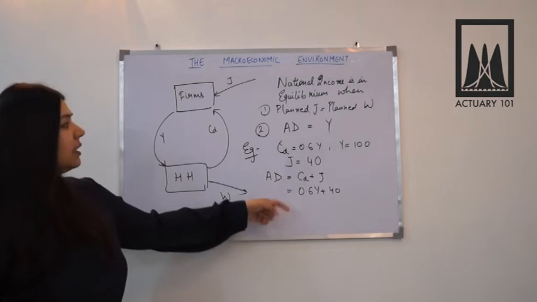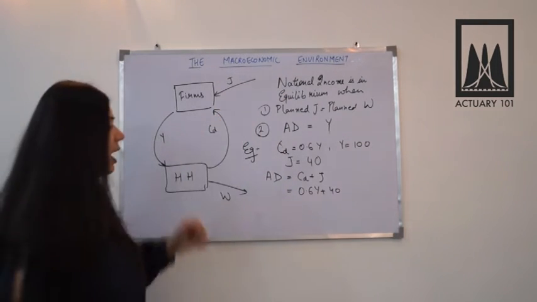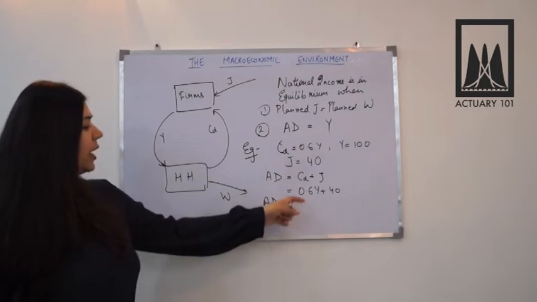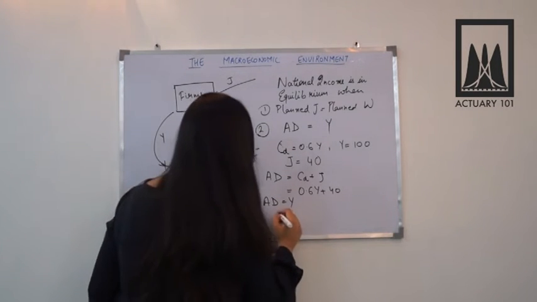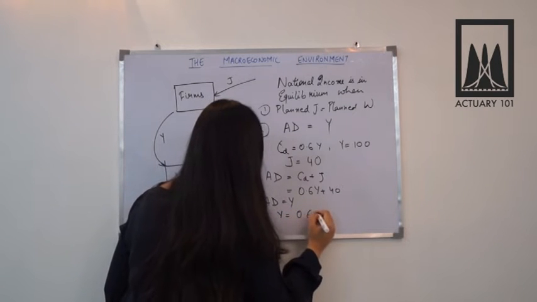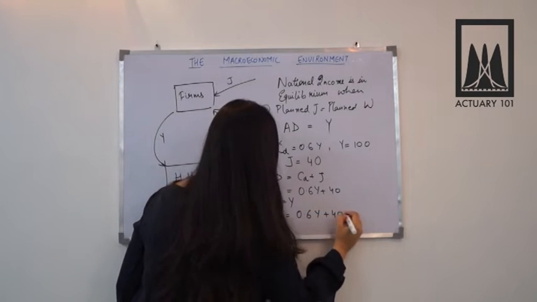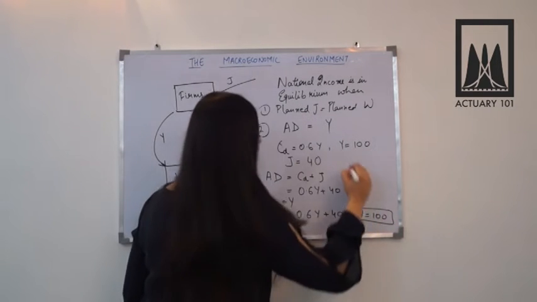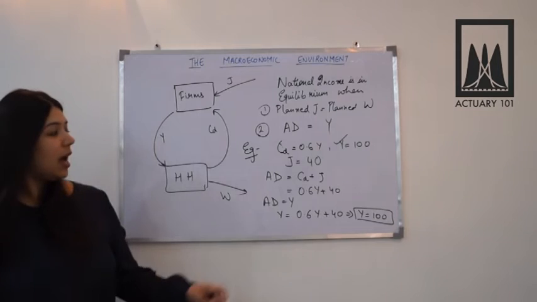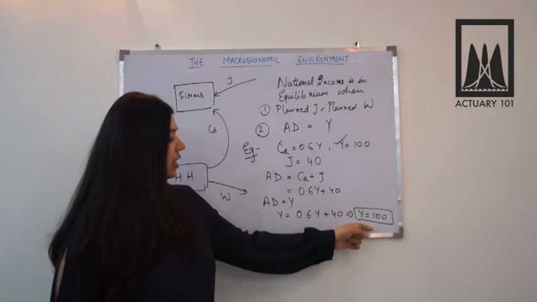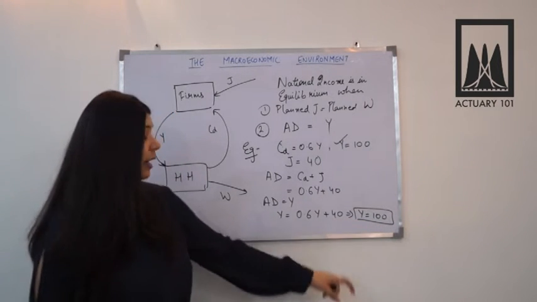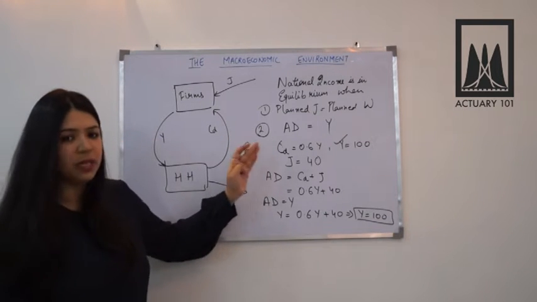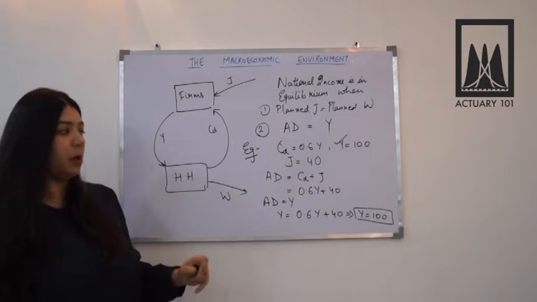Now to get the equilibrium level, I would need AD equal to Y. So if I equate this, then I'll have Y equal to 0.6Y plus 40, which implies that Y is equal to 100. And this is what we have already. So I can say that at the national income level of Y equal to 100, my economy, my national income, is in equilibrium.